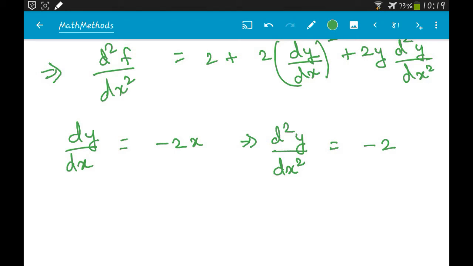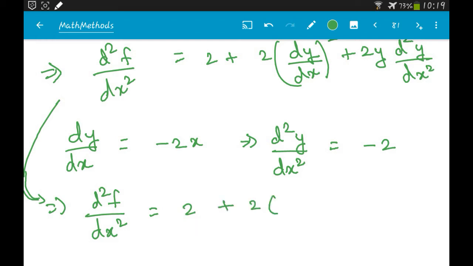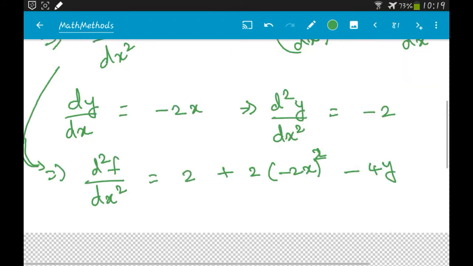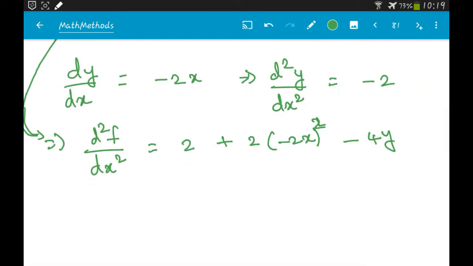So we'll get d square f by dx square is equal to 2 plus 2 into minus 2x whole square minus 4y, right, which will give us 2 plus 8x square minus 4y.